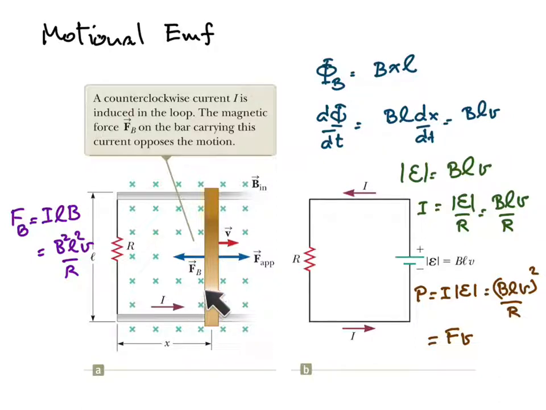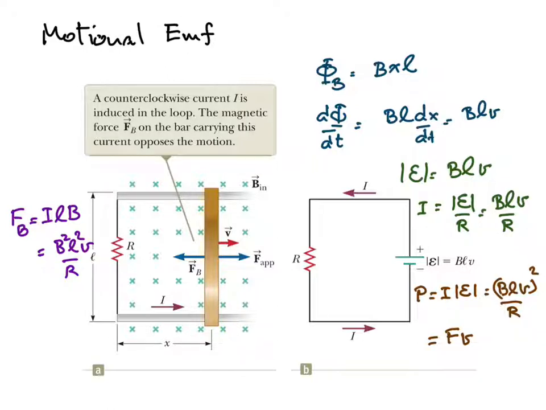Okay, and the overall resistance of the loop is R. We may think that we have an ideal conductor for this T part of the loop, so the resistance of this T part is very small, and we connect this with a resistor R. Okay.